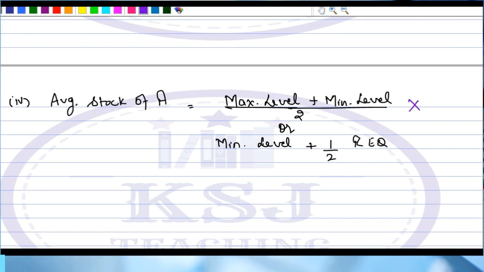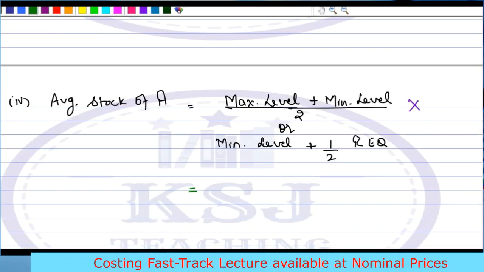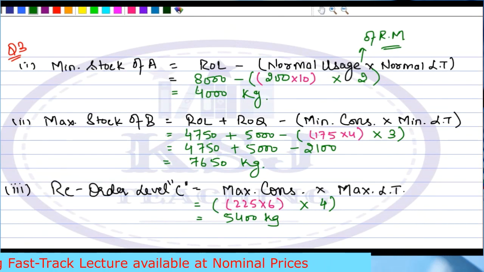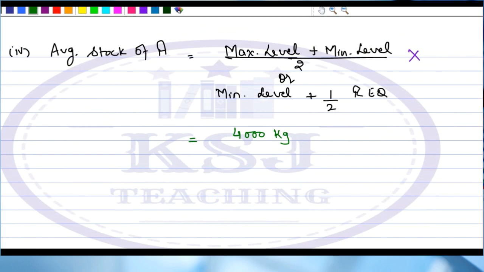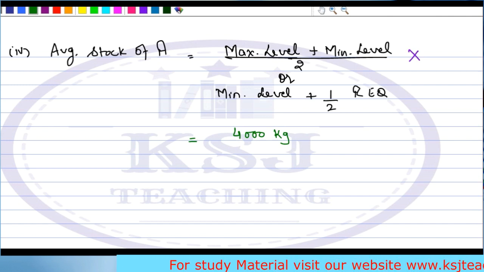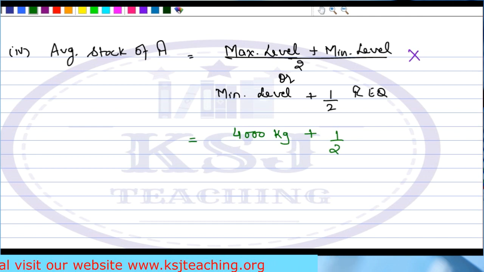Sir, coming to the second formula now. What is the minimum level of A? What is the minimum level we just calculated in the first part? Okay, sir. We calculated in the first part, that is the minimum stock of A, 4000 kg. Okay, I'll write 4000 kg plus half of reorder quantity, ROQ.